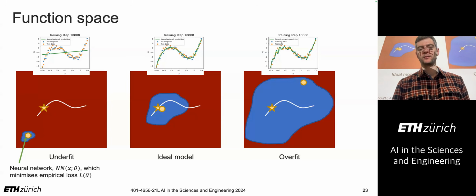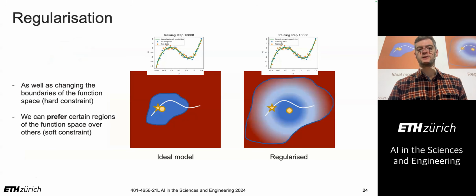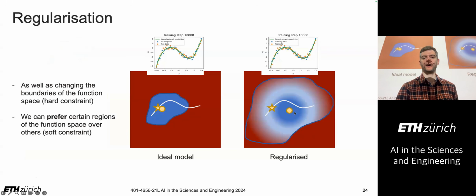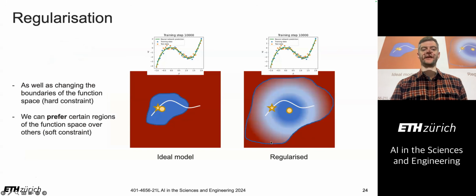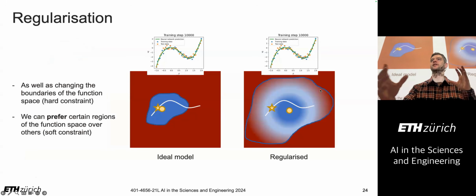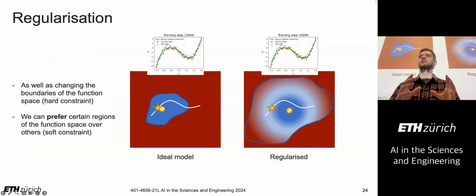Regularization says, I want to prefer that the network converges on a function that is close to the true function, and we have to somehow guide the network closer to the true function. You can think of regularization as a soft constraint. Instead of a hard constraint which changes the boundaries of the space, it just changes which parts of the space we prefer to converge over others.